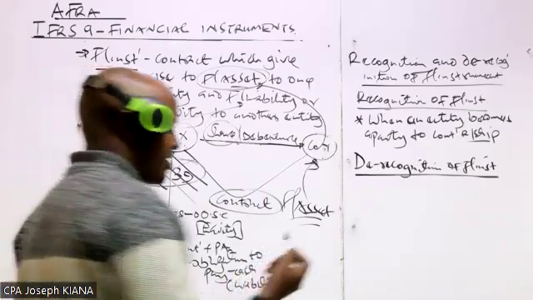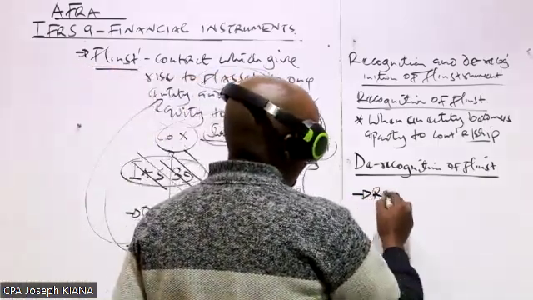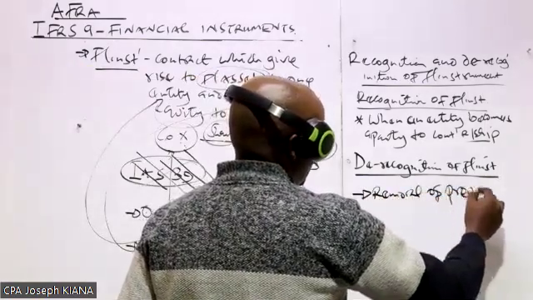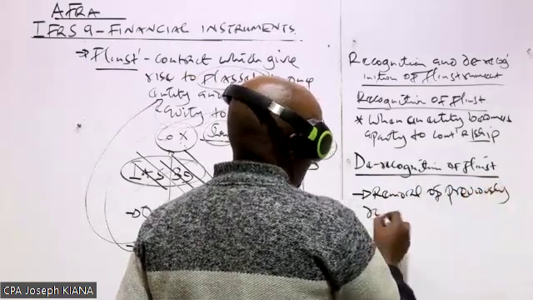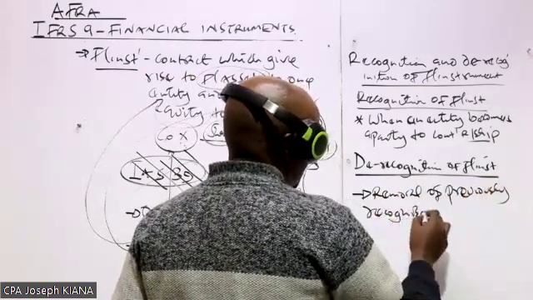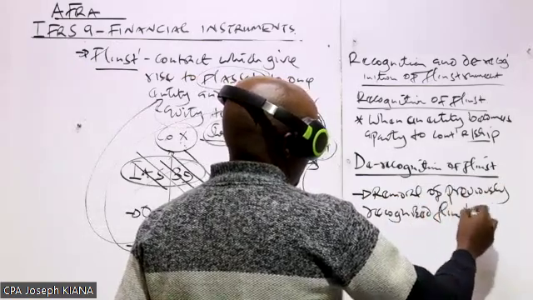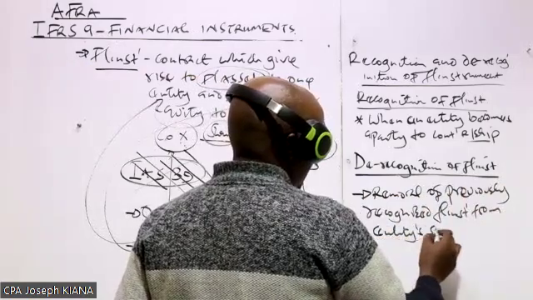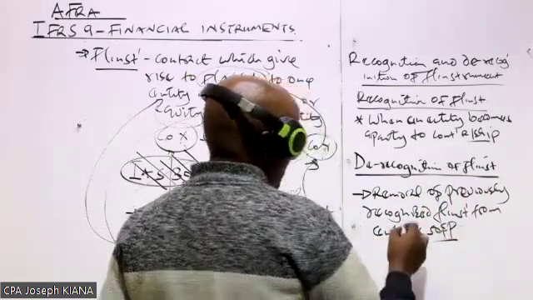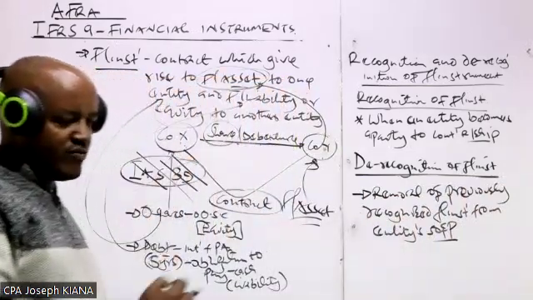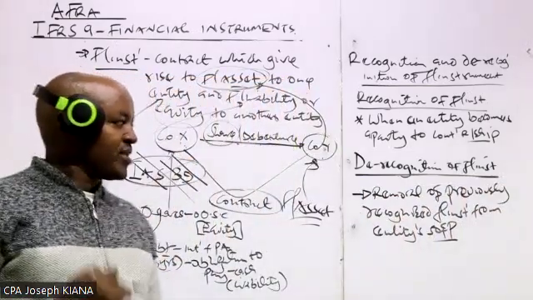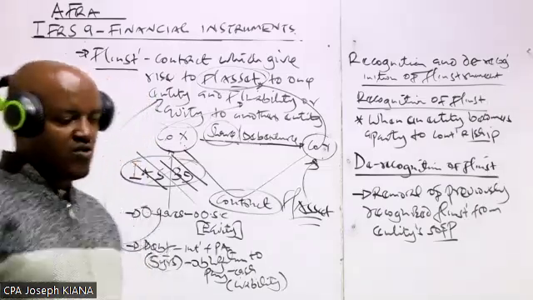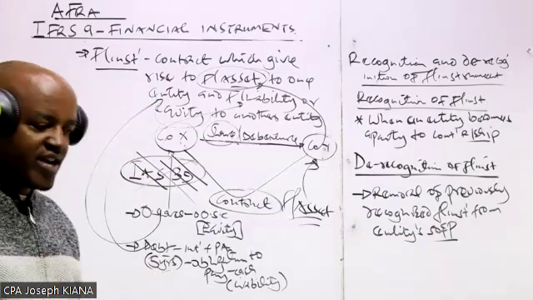So this is the removal of previously recognized financial instruments from the entity's statement of financial position. The process of what? Removing a previously recognized financial instrument from the entity's books of what? Of accounts. That would refer to de-recognition.